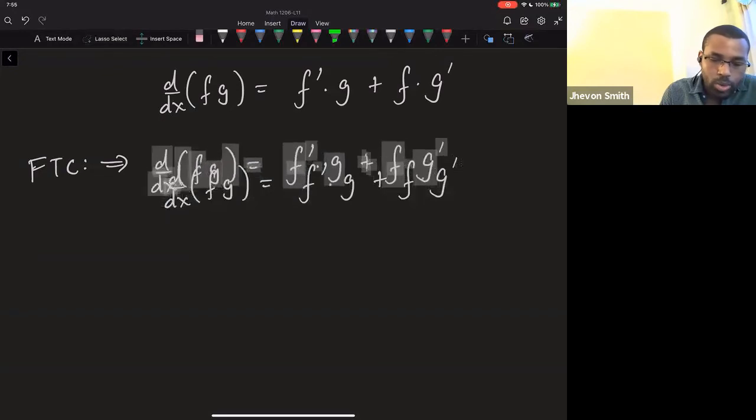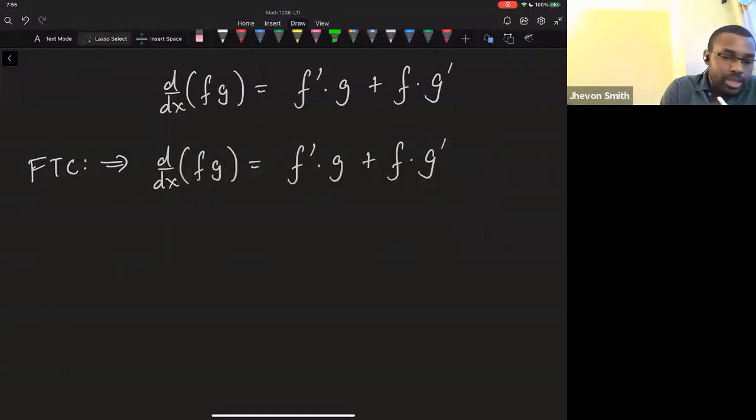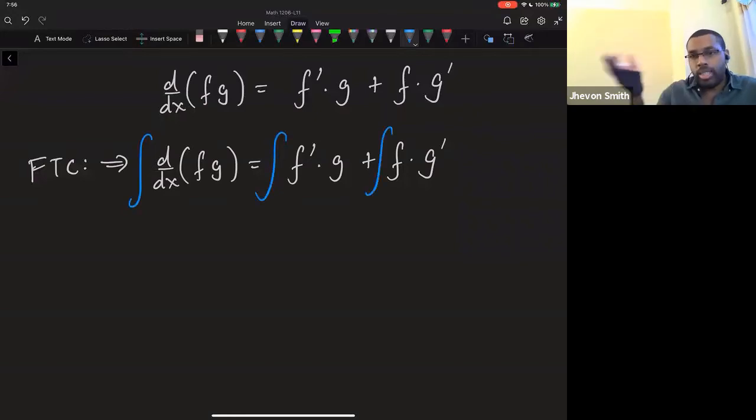And so what we can do is, instead of thinking of this as a derivative formula, try to figure out an integration formula for it. So what we can do is we can take integrals of both sides. Integrals distribute across sums, so on the right side, I get an integral sign before each of them.